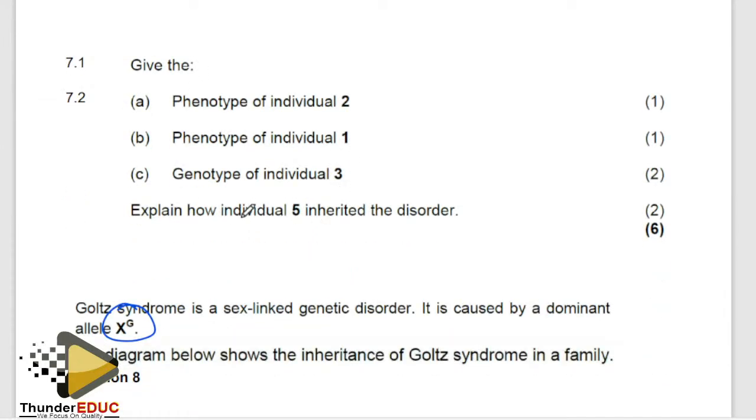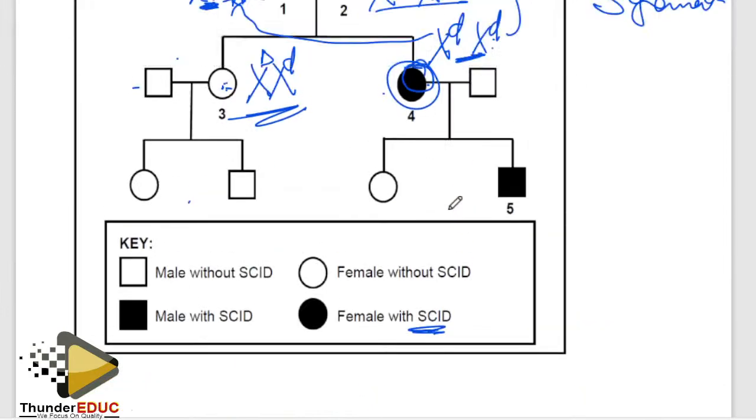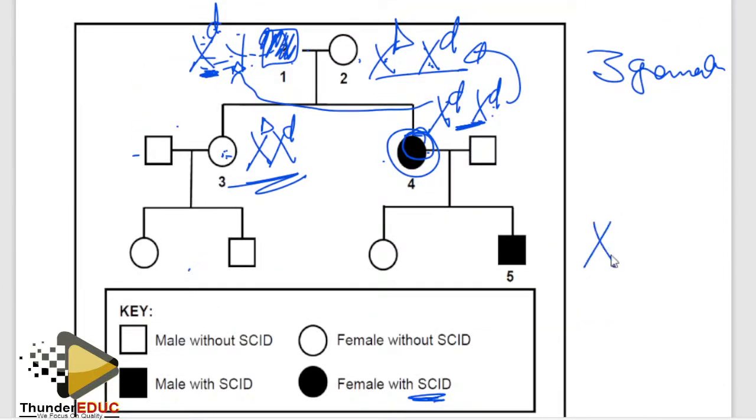They say explain how individual 5 inherited the disorder. Individual 5 is small d. Therefore, we're going to say that individual 5 got one recessive allele from the mother and one from the father. No. Individual 5 is a male, so it can't be from the father. The father is normal.